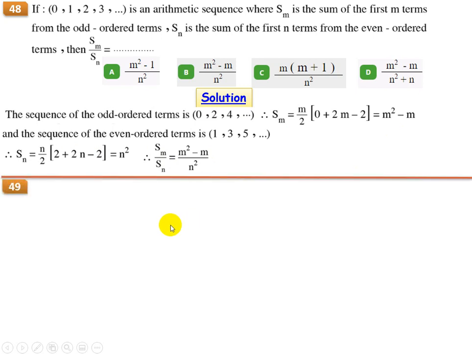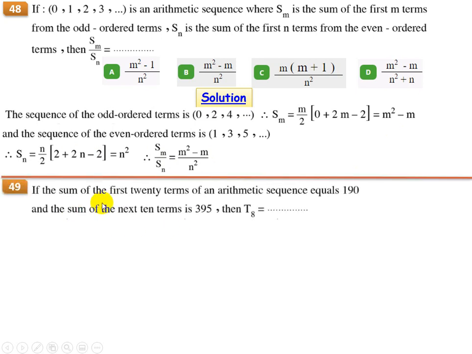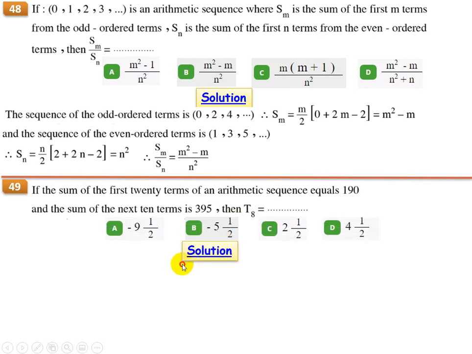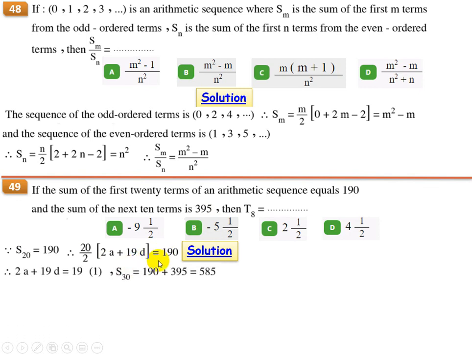Next question, number 49. If the sum of the first 20 terms of an arithmetic sequence equals 190, and the sum of the next 10 terms equals 395, then T8 equals. S20 equals 20 over 2 times (2a plus 19d) equals 190. So 2a plus 19d equals 19, this is equation 1. Sum of the next 10 terms equals 395.